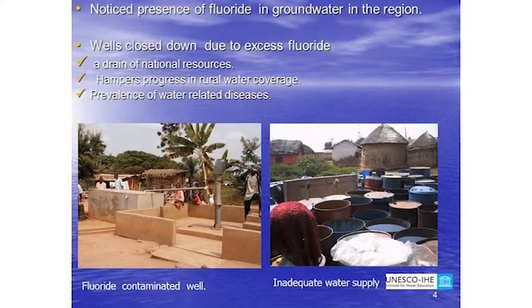The system that you see there has iron oxide coated sand, which we were trying to use to treat the fluoride. Unfortunately, we were not successful, and we had to close that well down. And we have many boreholes that we have had to close down because of the fluoride problem.